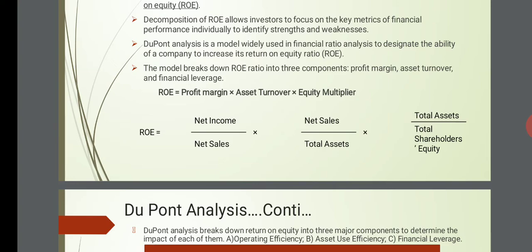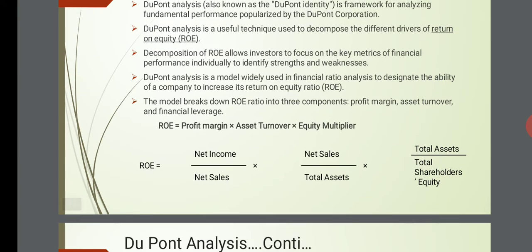Now this can be written as profit margin into asset turnover into equity multiplier. So profit margin is net income, means net profit upon net sales. Asset turnover is net sales upon total assets, and equity multiplier is total assets upon total shareholders equity.